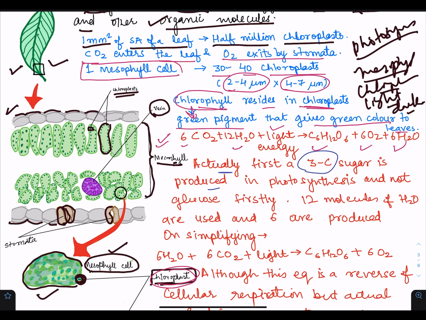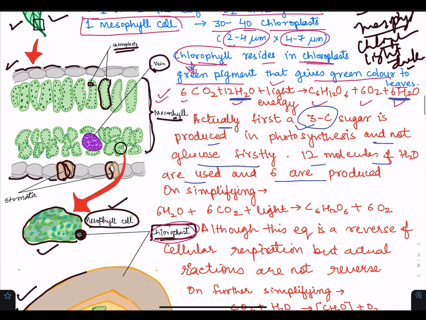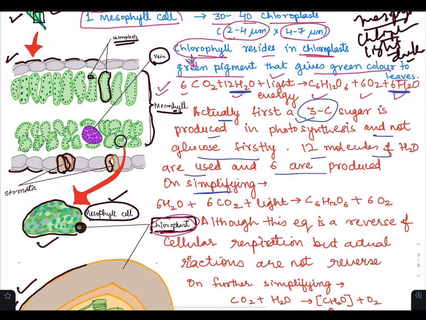When we'll study the reactions of photosynthesis in detail, we'll study that first of all, a 3-carbon sugar is produced and not glucose firstly. 12 molecules of water are used and 6 are produced. So we can simplify this equation. We can directly write as 6H2O plus 6CO2 plus light giving C6H12O6 plus 6O2.